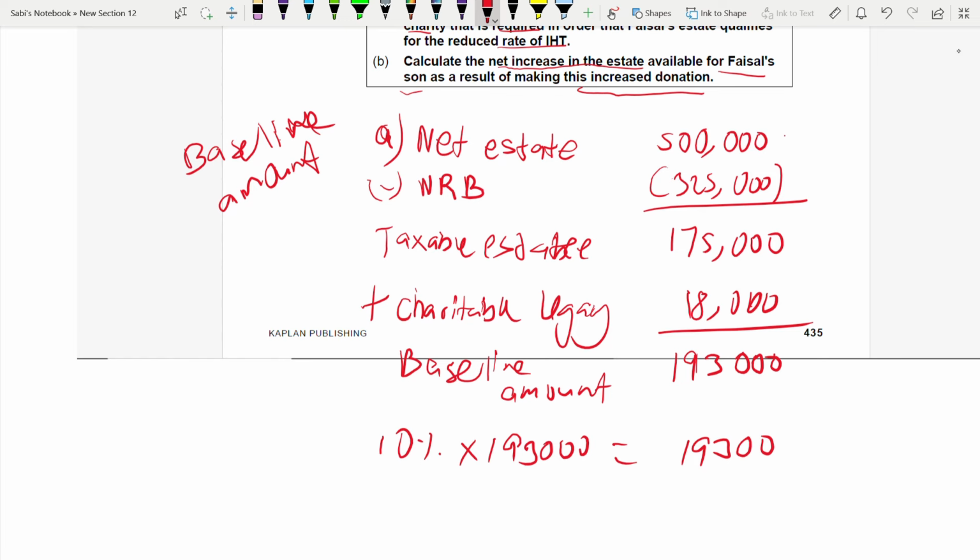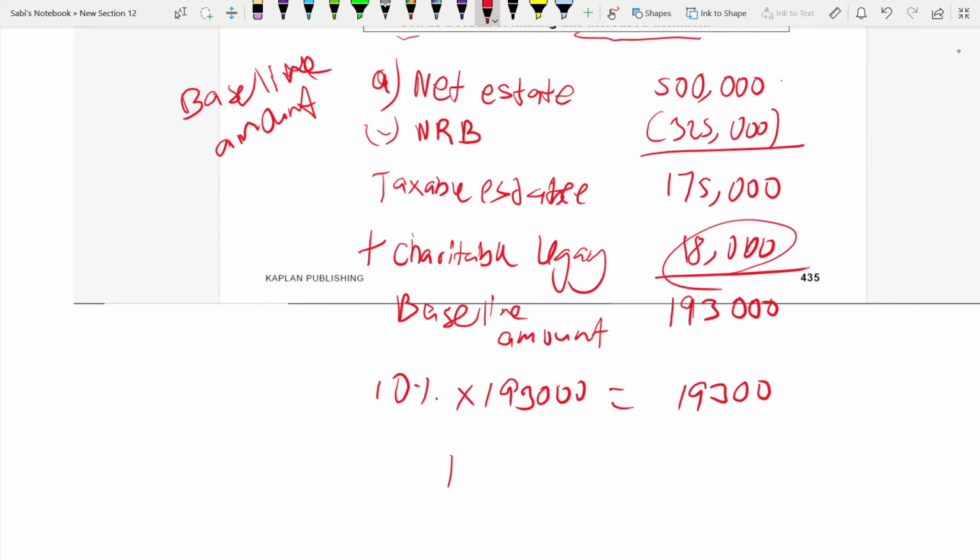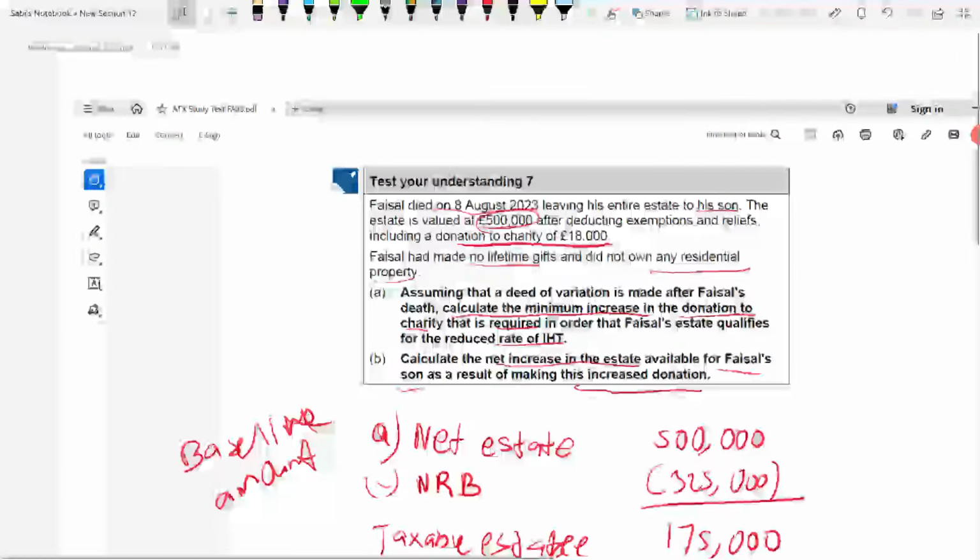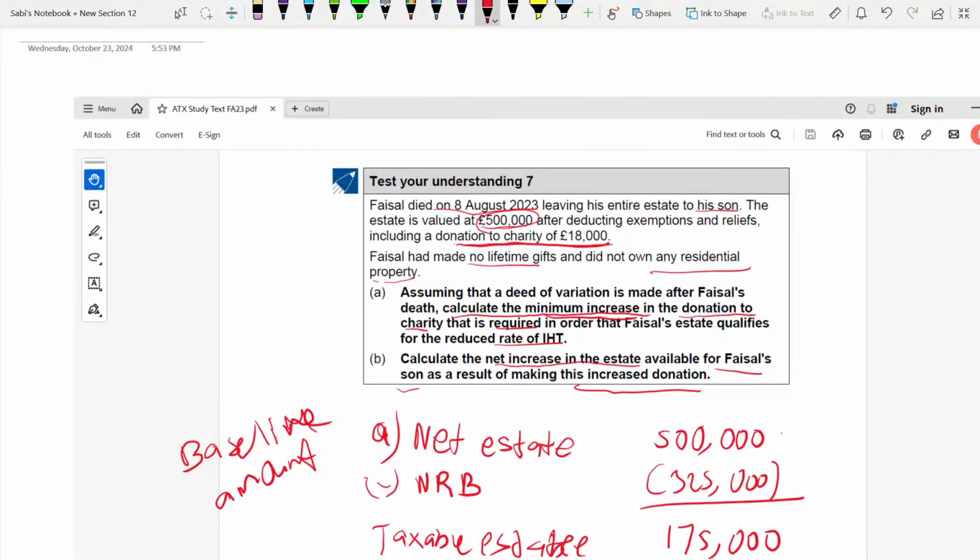Currently, your charity donation is 18,000. So how much should it be increased? 19,300 minus 18,000, 1,300. This is what they asked you. Read the requirements again: calculate the minimum increase in the donation to charity. It should be increased by 1,300.